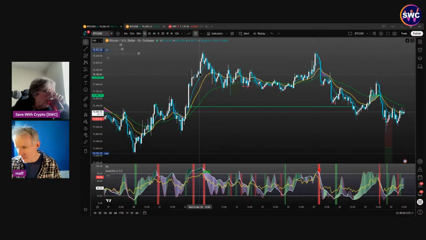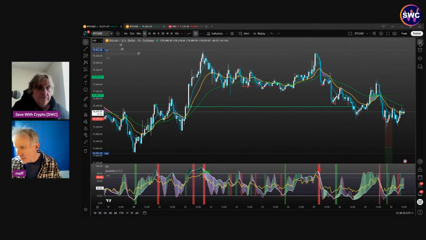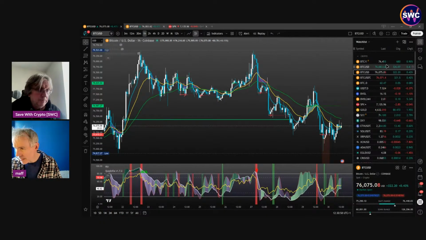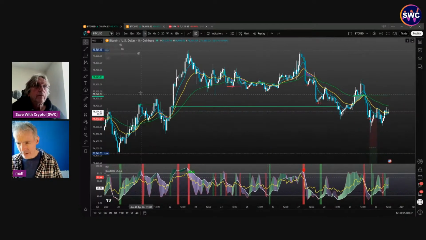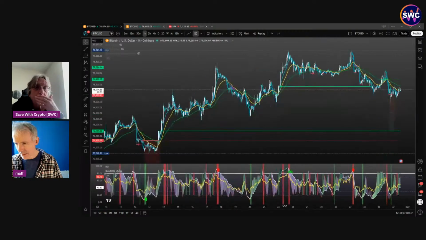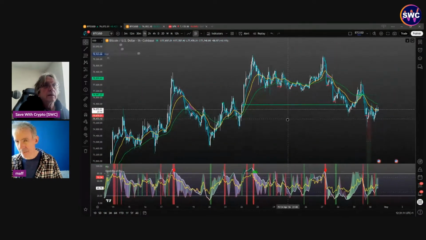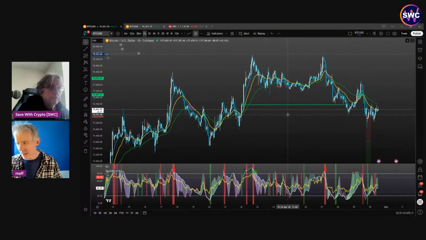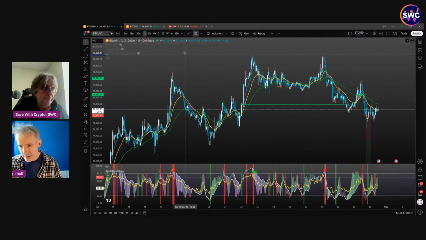Okay, so what are we on? The 1 hour. Yeah, probably that. Essentially, we were talking about the double top fairly recently, weren't we? I kind of mentioned it in the Discord maybe a few days ago, where Bitcoin is starting to look very toppy, really noticeable.